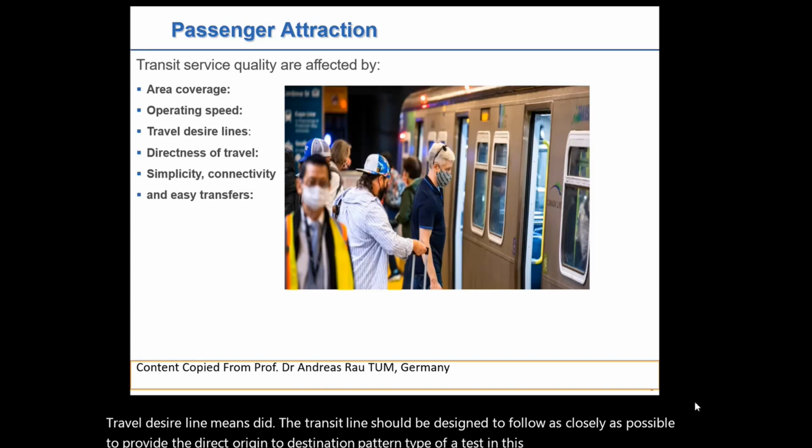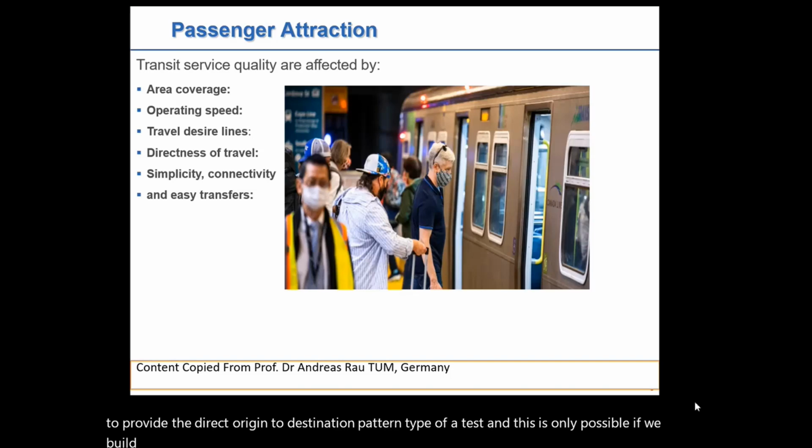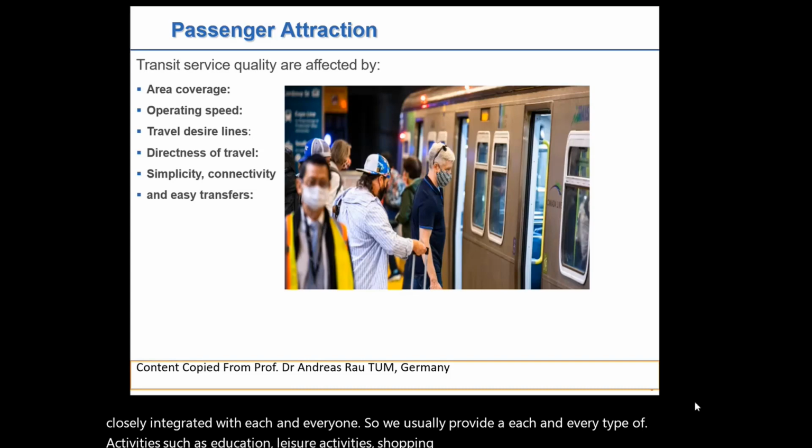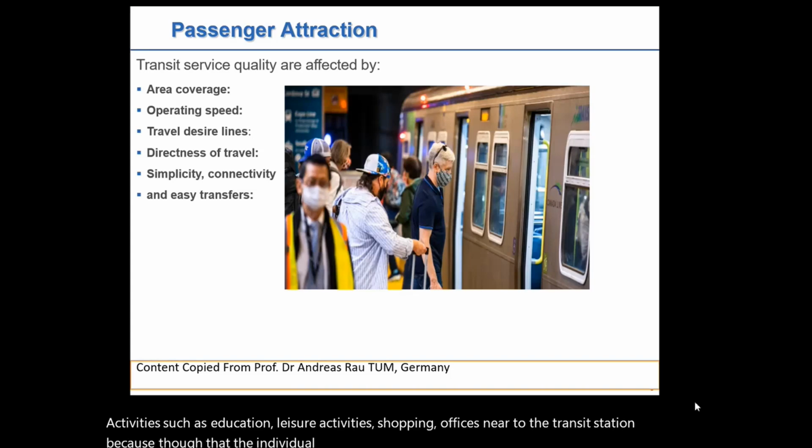This is only possible if we build the area according to urban planning, and transportation and all those parameters are closely integrated with each other. So we usually provide every type of activity, such as education, leisure, shopping, and offices, near the transit station, so that the individual does not have to travel so far.